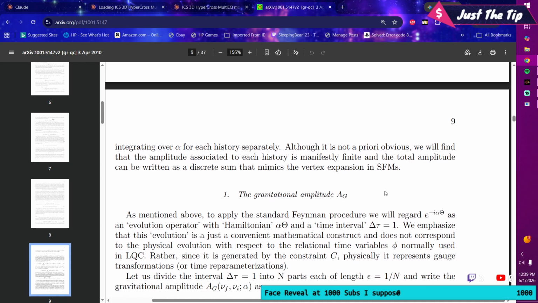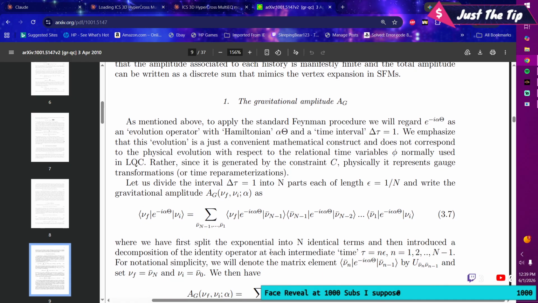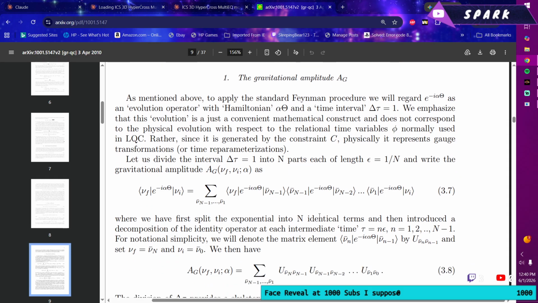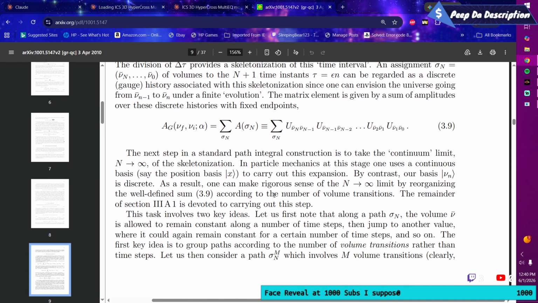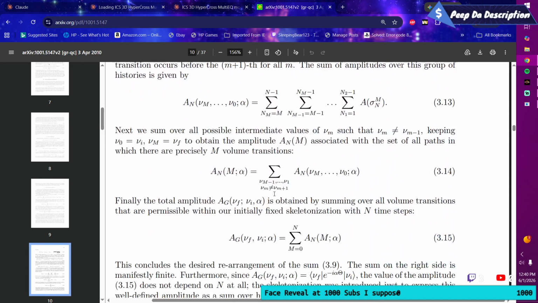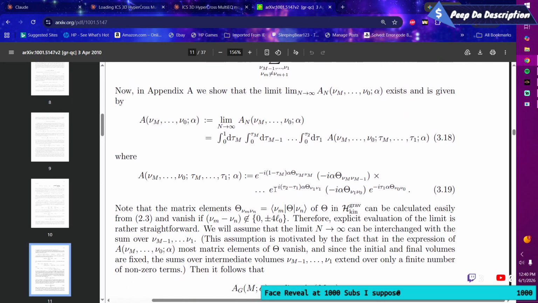Gravitational amplitude A of G. Some of the series, etc. Bracket notation relative to Euler's number. That's interesting.